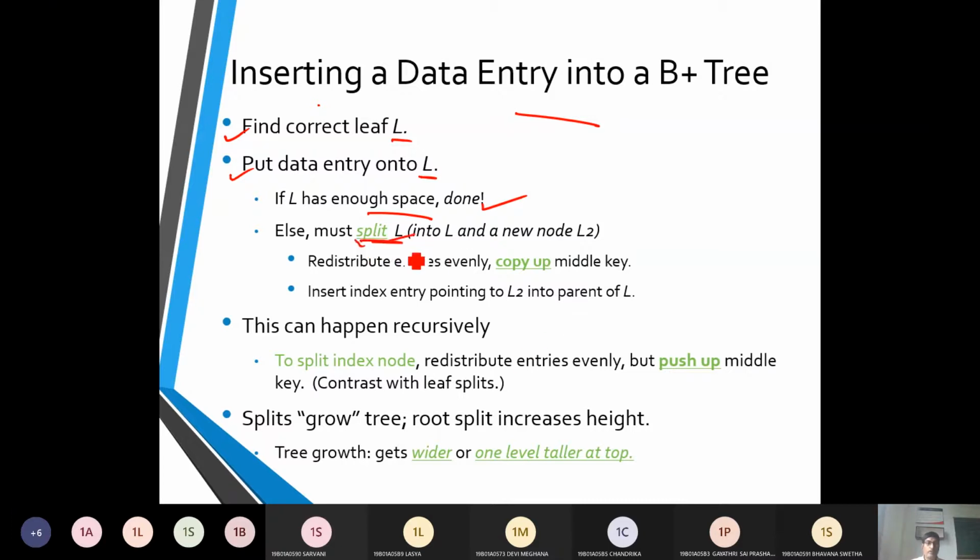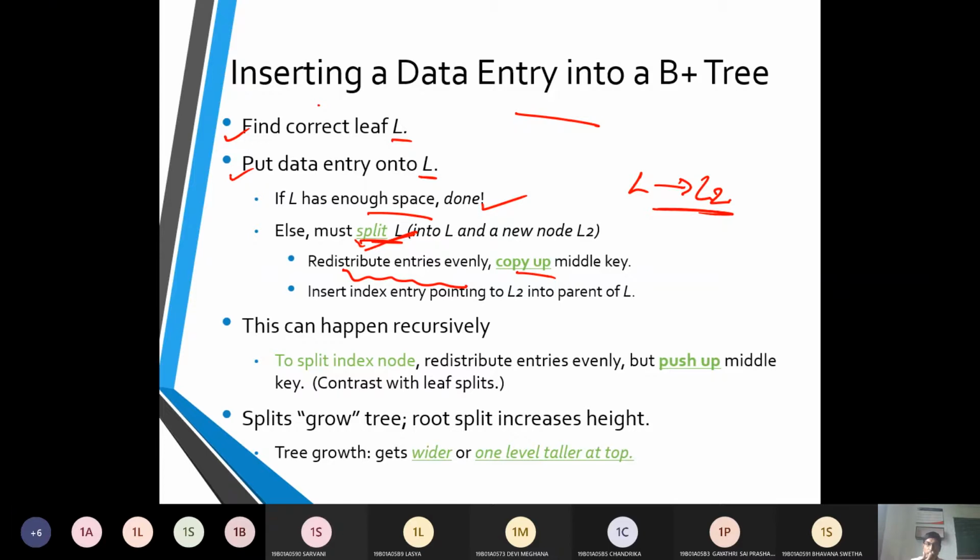Otherwise, we need to move to a splitting mechanism, where L is split into L2. So we redistribute all the entries, etc., and we copy up the middle key.